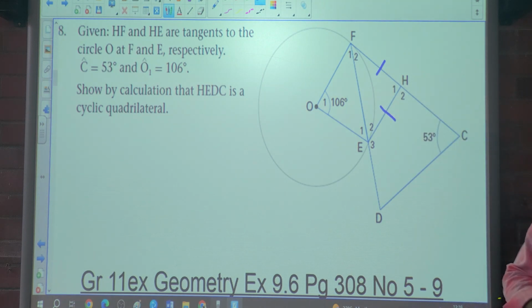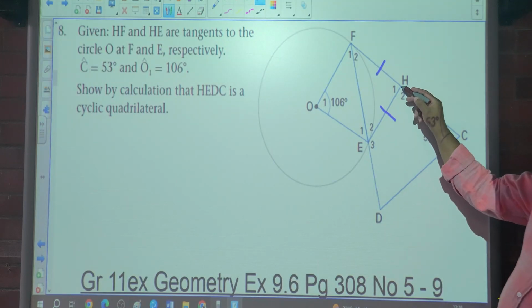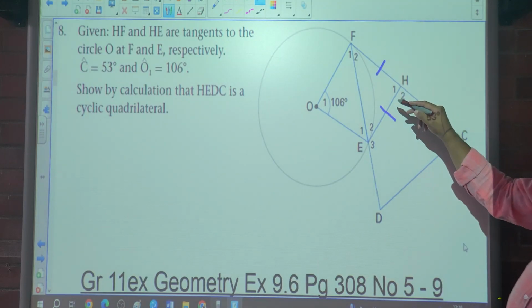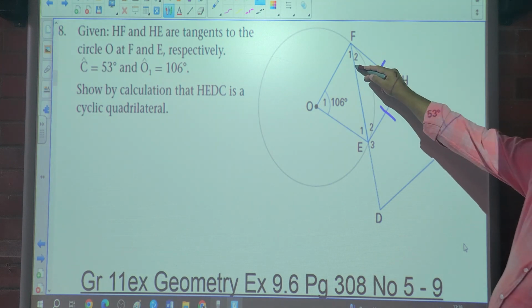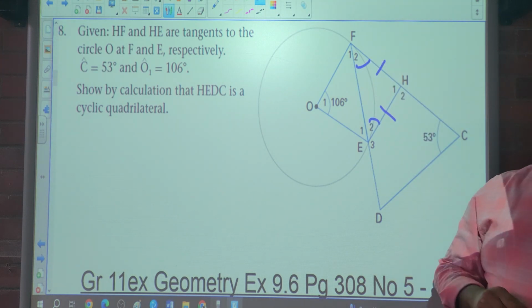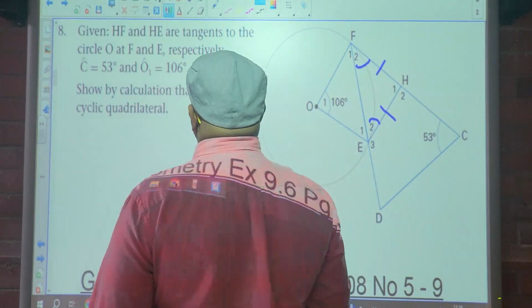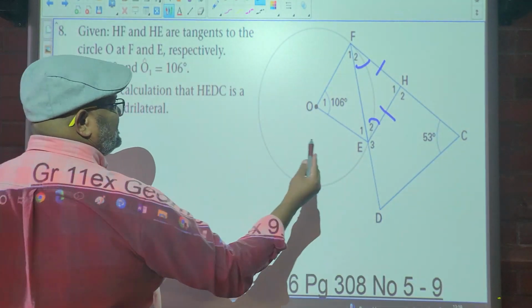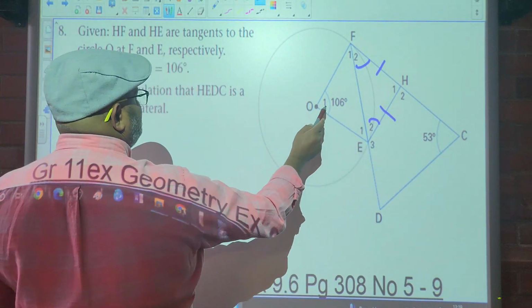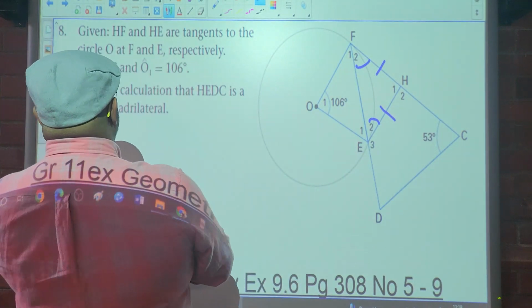Why? Tangents from common point H. Can you see that? So if those two lengths are equal, we know that those angles are also equal, angles opposite equal sides. Then we are told that angle C is 53 degrees and angle O1 is 106 degrees.